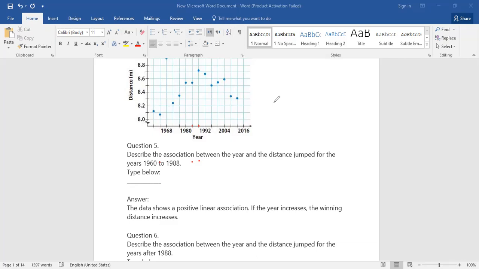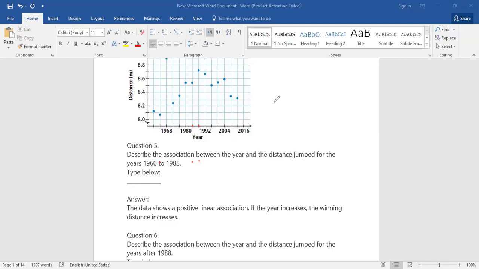Describe the association between the year and the distance jumped for the years after 1988. What happened after 1988? When the year gets more, the distance increases. After 1988, they're going down.